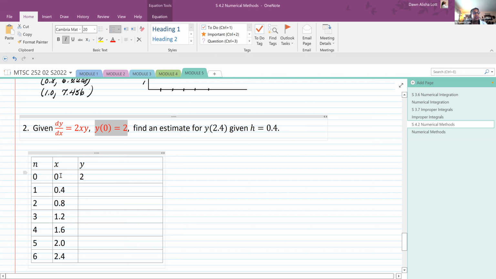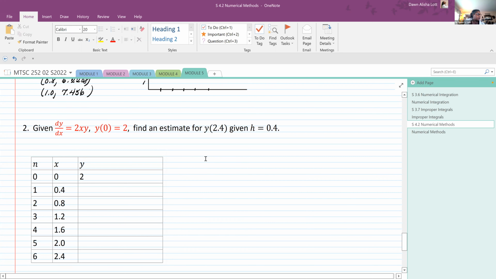So this happens to be x0, y0 is 0, 2, which is what we got from our initial condition. And then we need to find each successive iterate until we get to an approximation for y of 2.4. Okay, so let's get started.